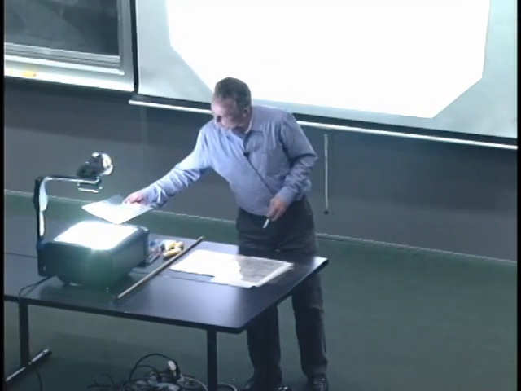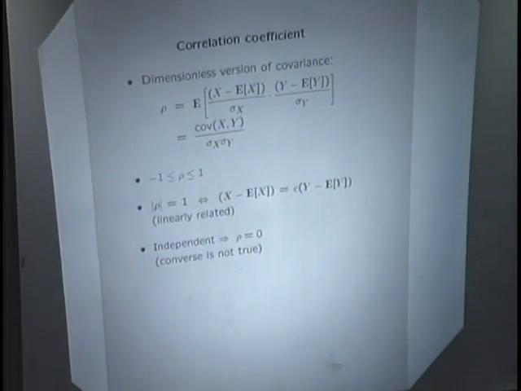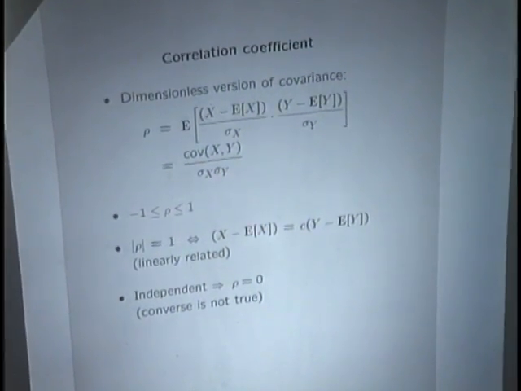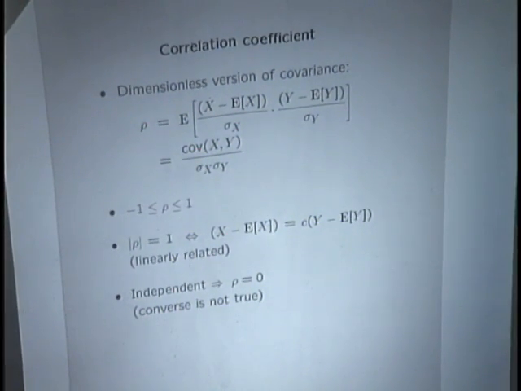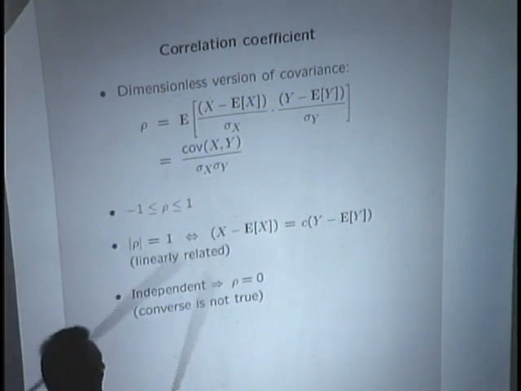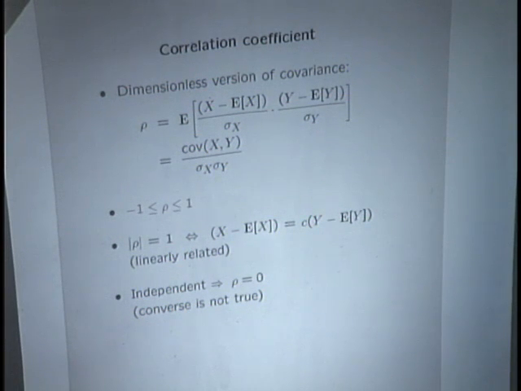So with the same reasoning, we want to have a concept that captures the relation between two random variables in some sense that doesn't have to do with the units that we're dealing with. We want to have a dimensionless quantity that tells us how strongly two random variables are related to each other.